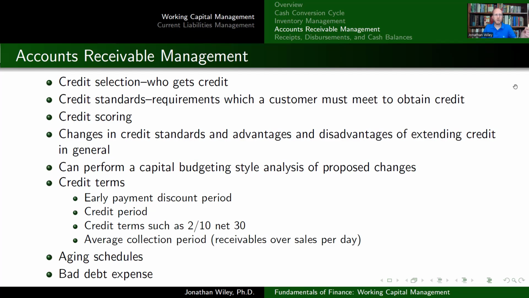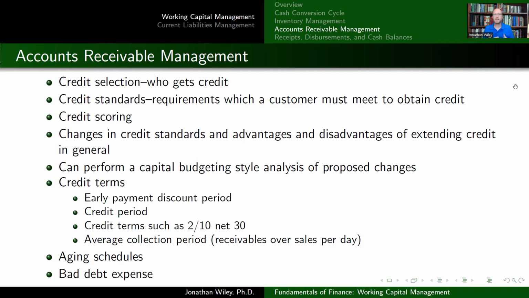If I extend credit to my customers, a few things are going to happen. One, I'm probably going to sell more product, because if I extend credit to them, more customers are willing to hit that buy button and actually buy it if they have a few days to pay than if they had to put cash right up front. So I'm probably going to increase my sales a bit, particularly if in my industry it's the norm for suppliers to provide credit.